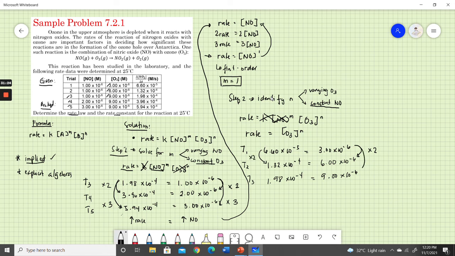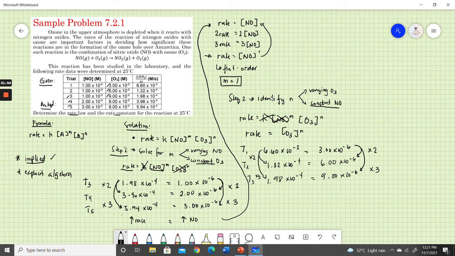So if I look at trials 1 to 3, I triple the concentration of O3, 3 times 10 raised to negative 6 times 3 is 9.0 times 10 raised to negative 6. The same thing if I take this 6.60 times 10 raised to negative 5 and multiply it by 3, I would get this answer.